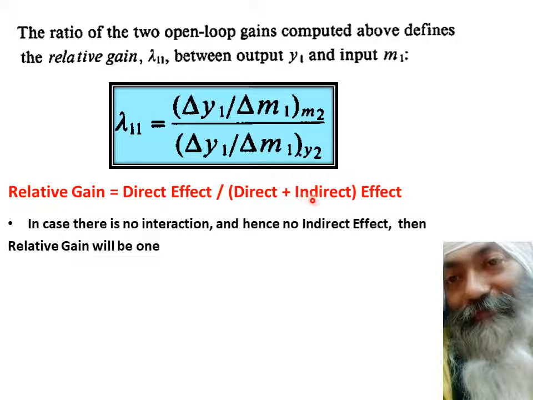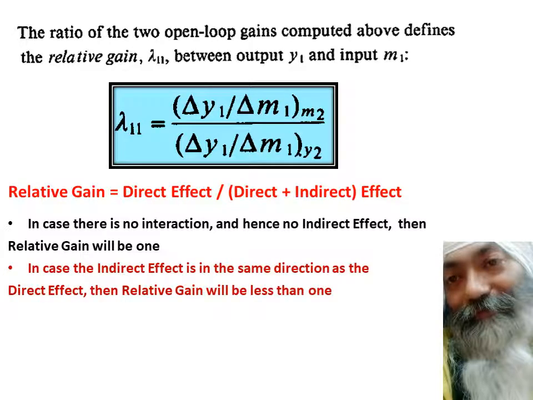This indirect effect is not there, and therefore you can see this relative gain will be equal to 1. Or in other words, in case relative gain is 1, it means there is no indirect effect, and from there we can conclude that there is no interaction between the two loops. The upper loop is behaving the way it should behave, it is not affecting the lower loop, and vice versa.